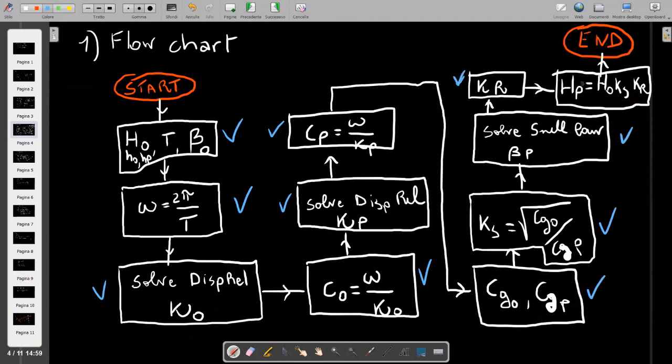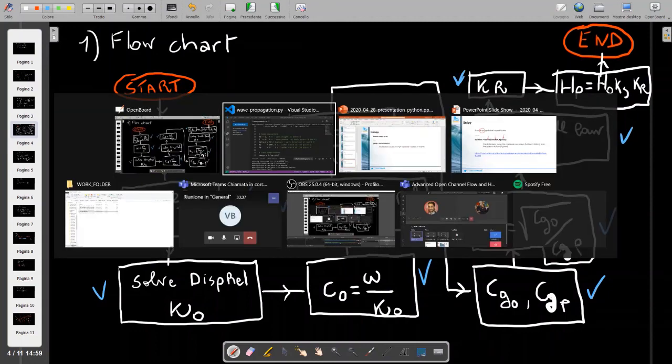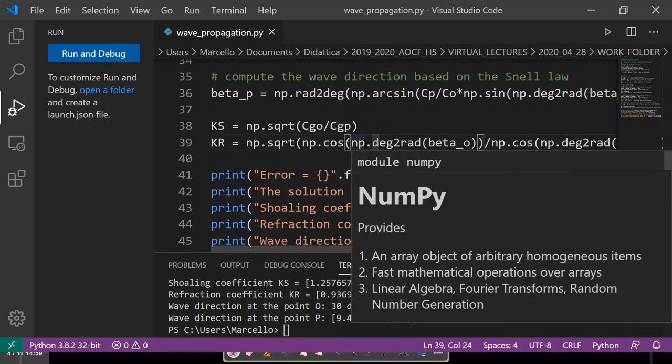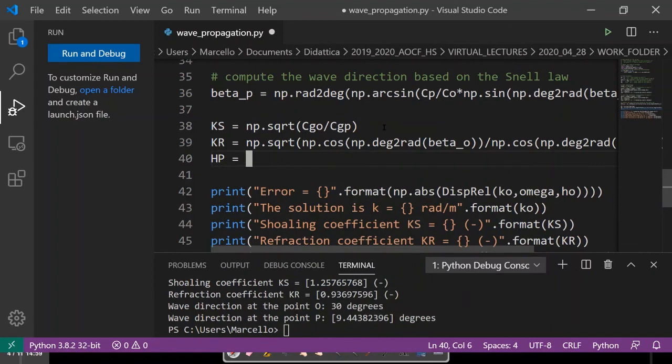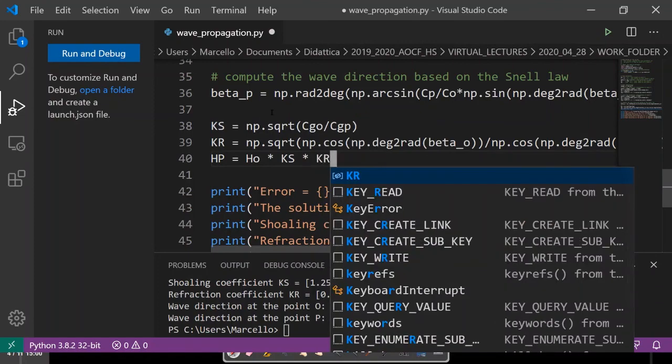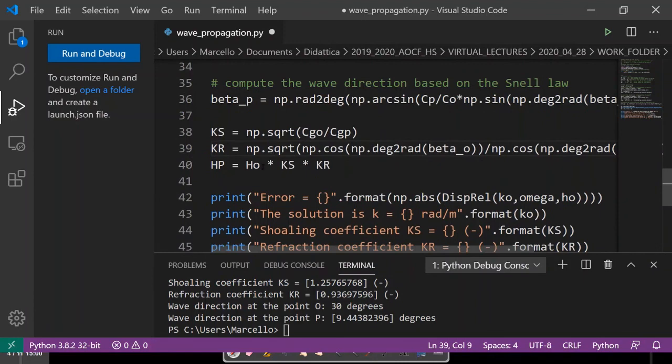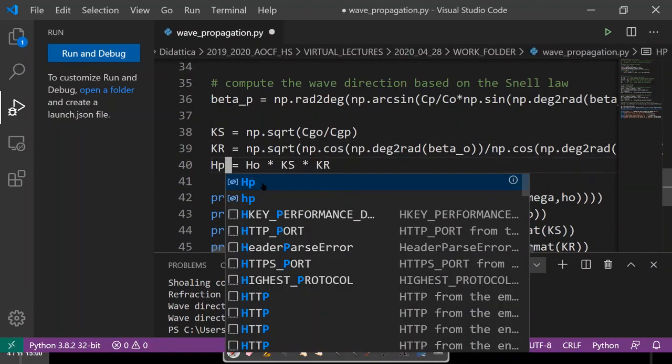The last operation is to compute HP. So we can write here HP equal to H offshore times KS times KR, and that's all. HO is okay, and HP.